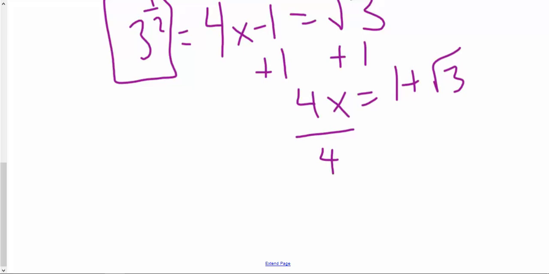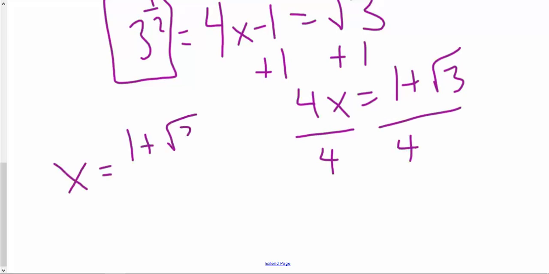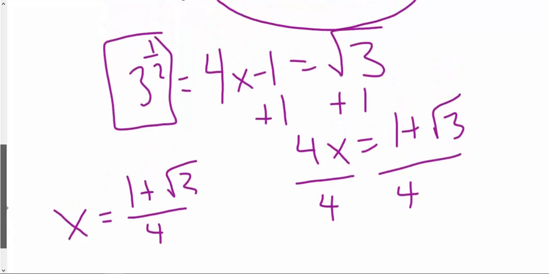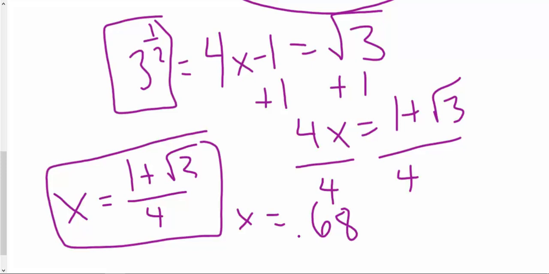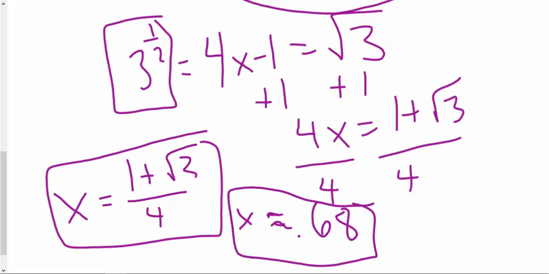And then our final step is to divide by 4. So x equals 1 plus the square root of 3 over 4. Now, you may think that's extra. If you did it with a calculator, you'd get about x equals 0.68-ish, roughly. Again, it's an irrational number.